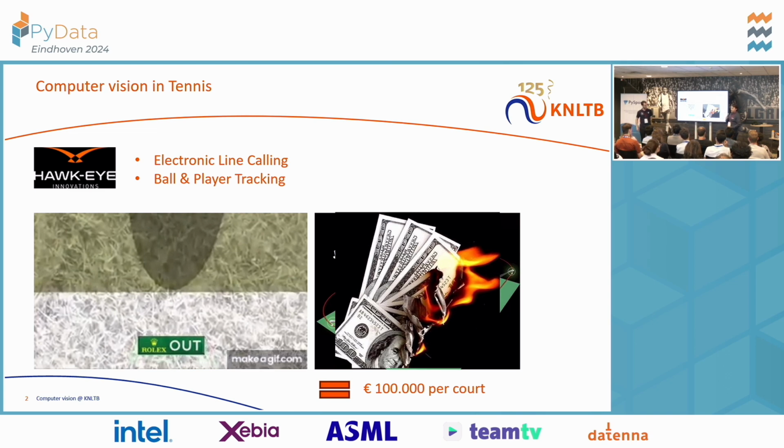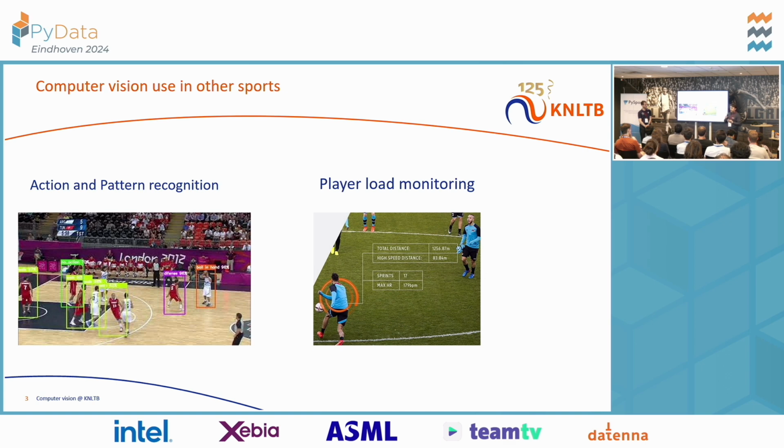One of our main tasks was to see, okay, how can we do this more cost efficient and simpler? Because obviously we see in other sports that these kinds of systems can be really, really helpful. So for one, we have things like action and pattern recognition. So all the automated annotation that is normally done by one poor person or intern that needs to watch all the videos and then tag all those actions, what they're doing, for technical analysis.